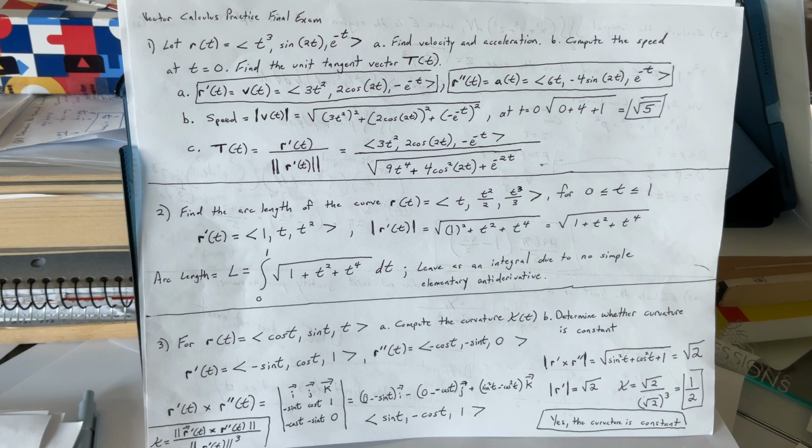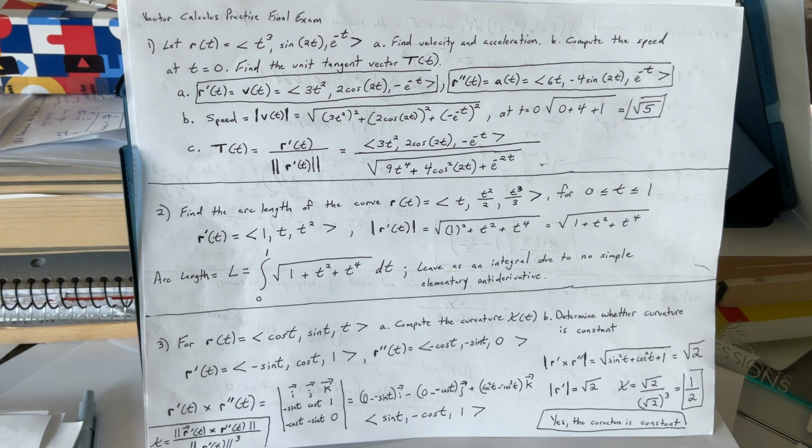If you had a calculator, you might be able to evaluate it, but this is fine. Arc length would be the integral from 0 to 1 of the square root of 1 plus quantity 1 plus t squared plus t to the 4th dt. So that's the setup. And we're looking mostly for setups with ones that have tedious integration or algebra.